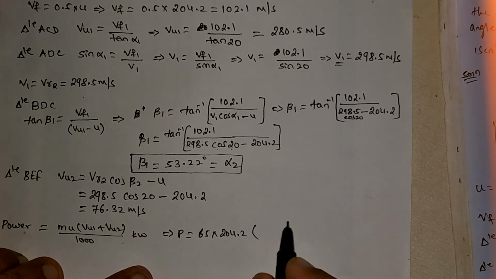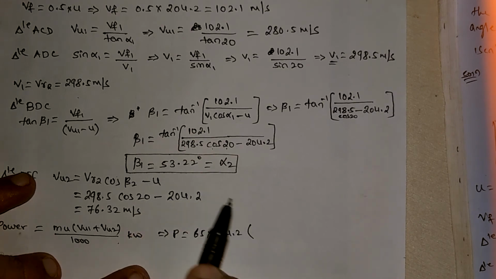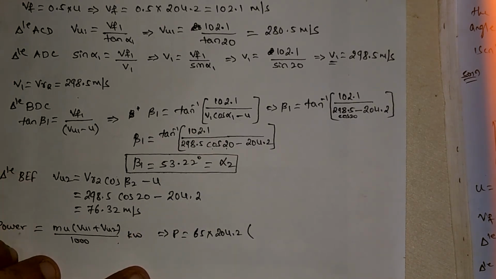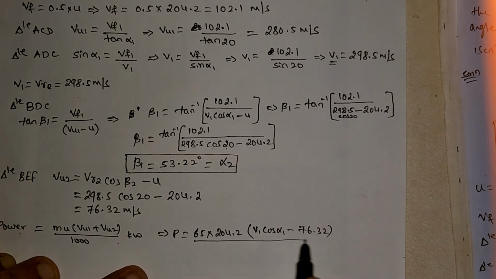204.2 into bracket VU1, so VU1 is V1 cos of alpha 1 minus VU2. VU2 is 76.32, whole divided by 1000.